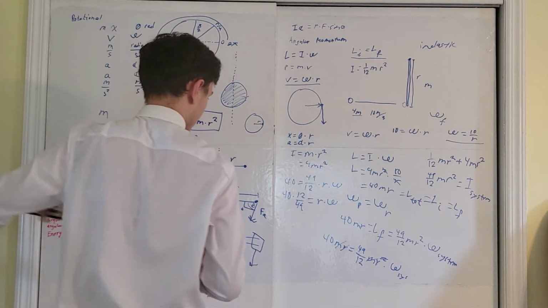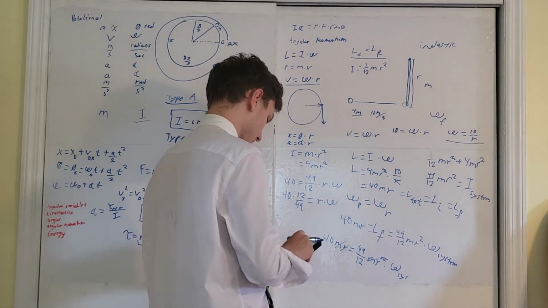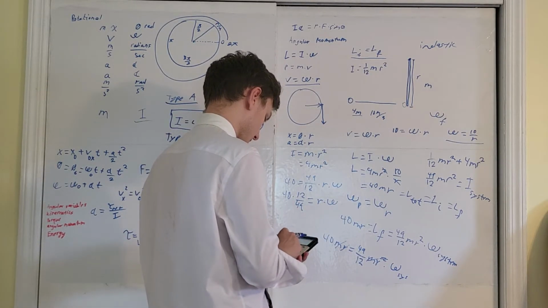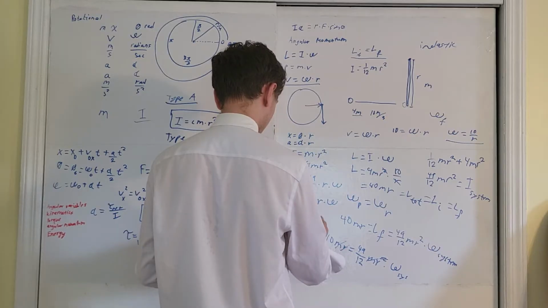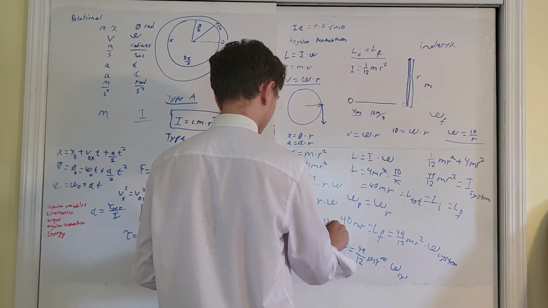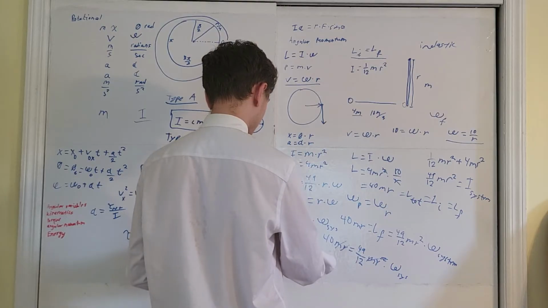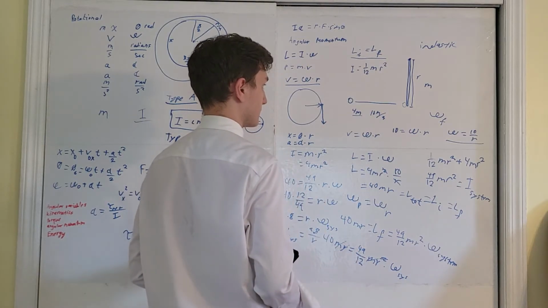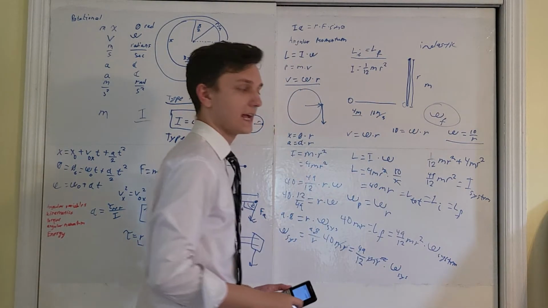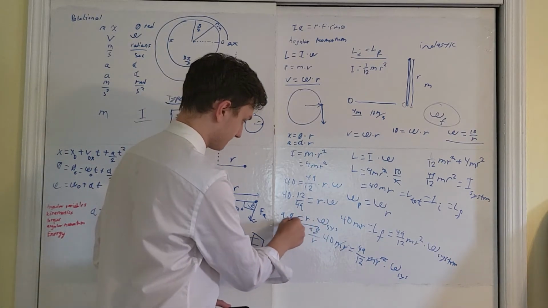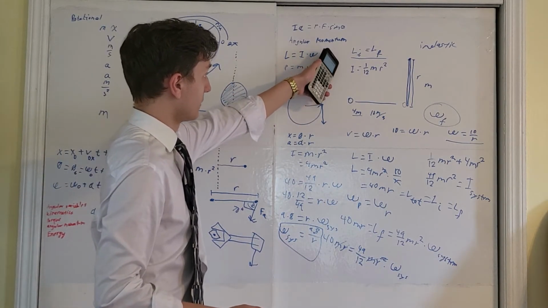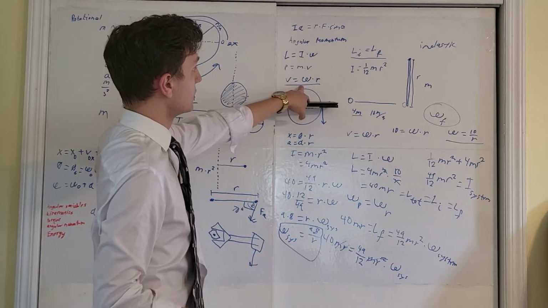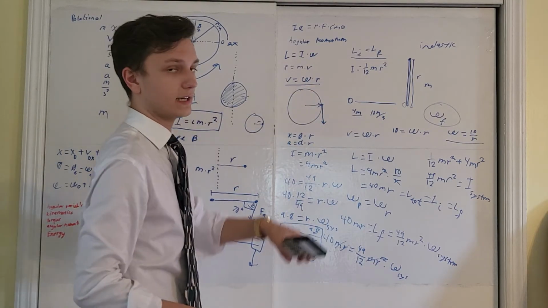If I grab my calculator, 40 times 12 divided by 49 equals about 9.8, equals the radius of rotation times the angular velocity of the system. So now we can say the final angular velocity of the system equals 9.8 over our radius of rotation. So we found our angular velocity right there. And that is how we apply conservation of angular momentum plus this linear-rotational equivalence.